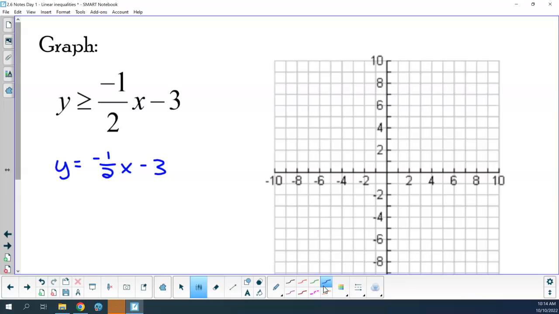Negative 3, right? So I go down 3. What is my slope? So that means I do what? Down 1, right 2. Or I could go up 1 and left 2.